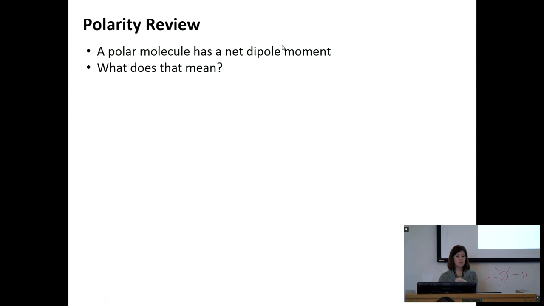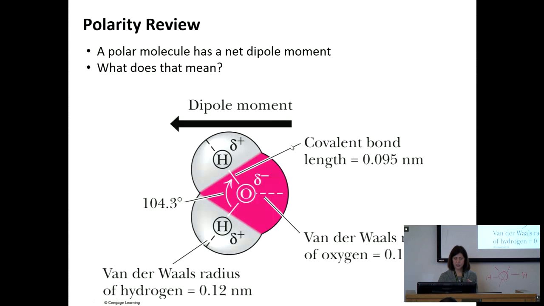Now, dipole moment is something that is measurable. It's measured in Debyes, and there's a typo on here. What is wrong on this slide? Yeah, the arrow is supposed to go the other side.